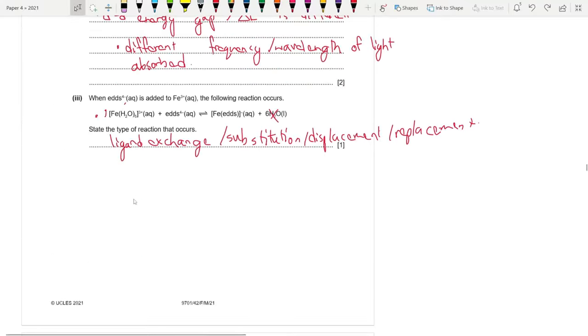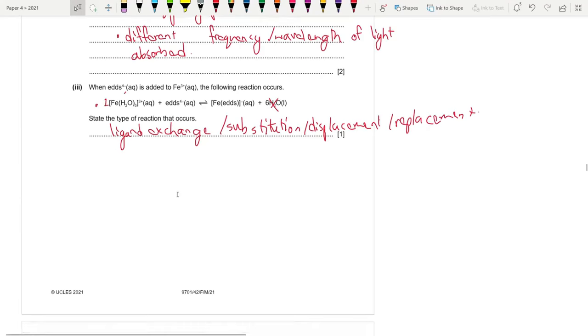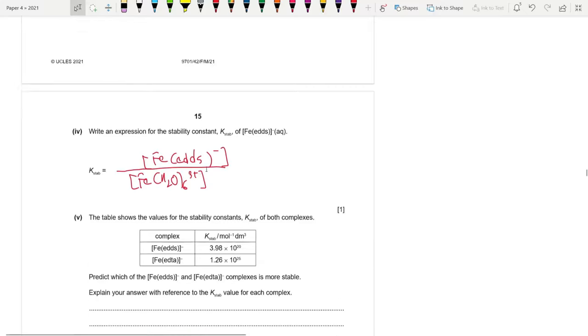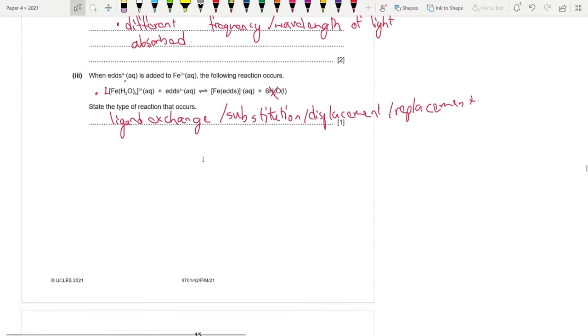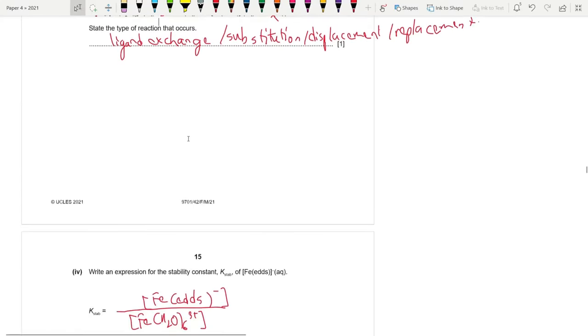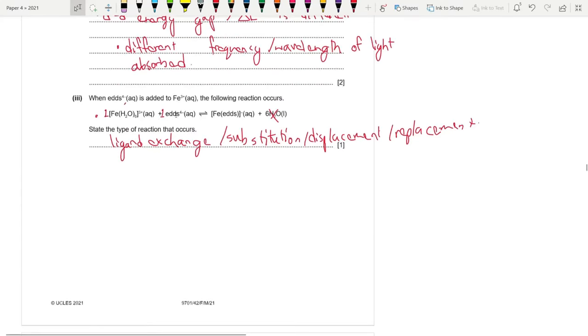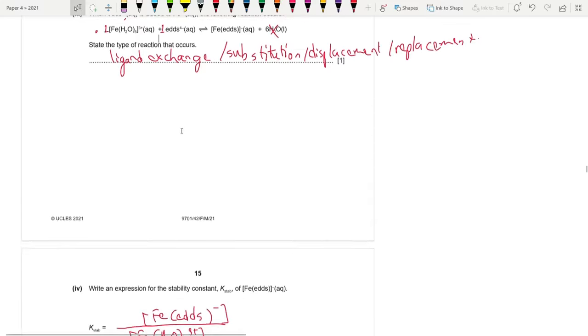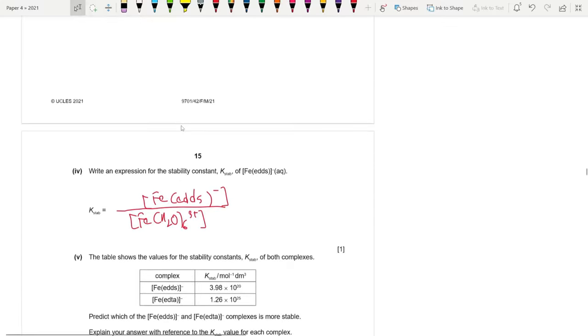Since there is only one FeH2O6 compound and 3 plus present here, we cannot give the 3 outside. If there were 3 present, we could use 3. And what about EDDS? There's only one molecule of EDDS present as well, so we cannot give the power 4 minus outside. It has to be kept inside the bracket. So that's EDDS 4 minus, then third bracket.